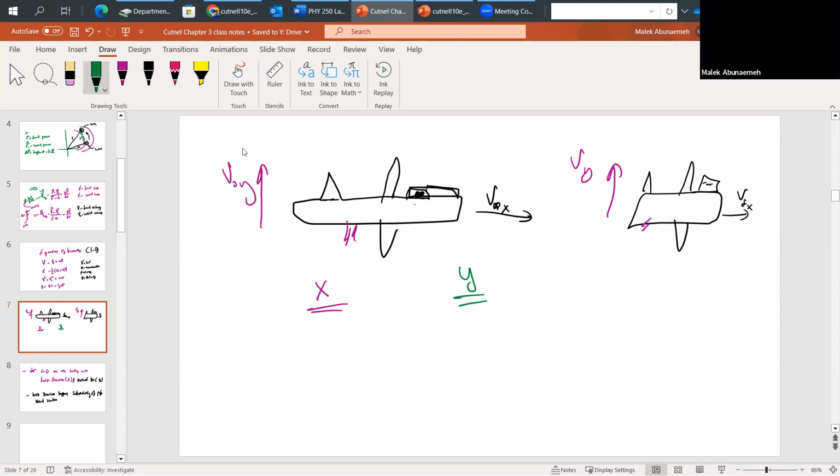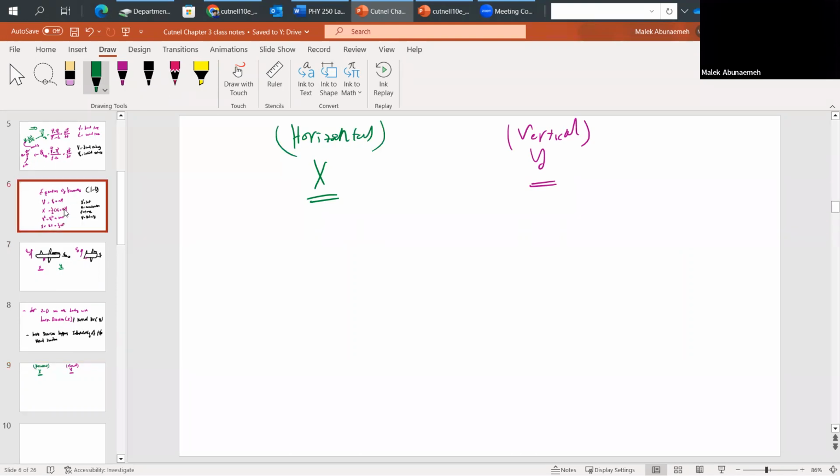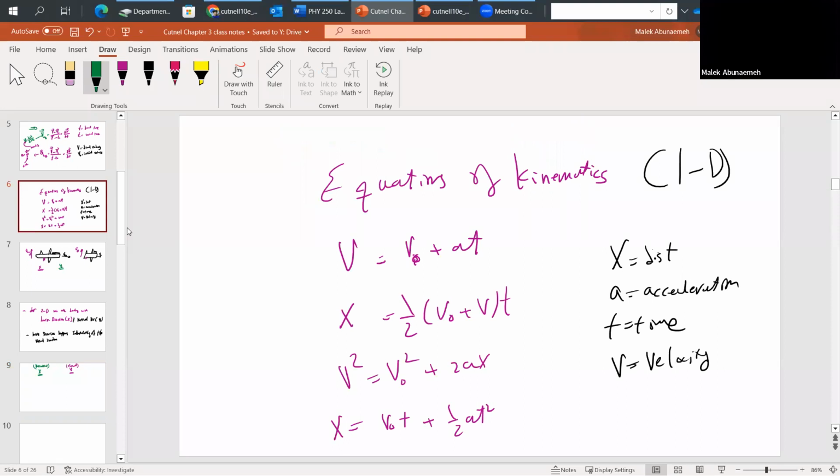So for your x-axis and y-axis, horizontal and vertical, our first equation was v equals v naught plus A t.